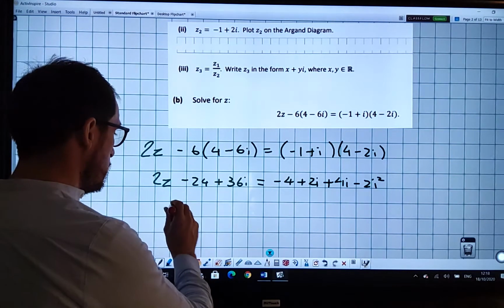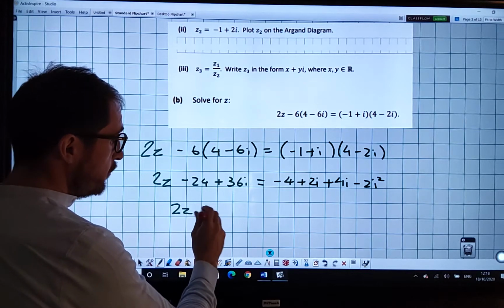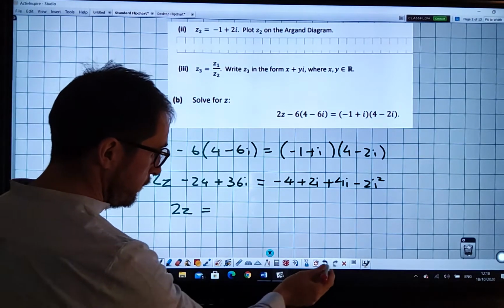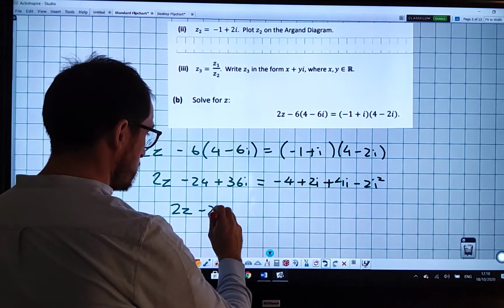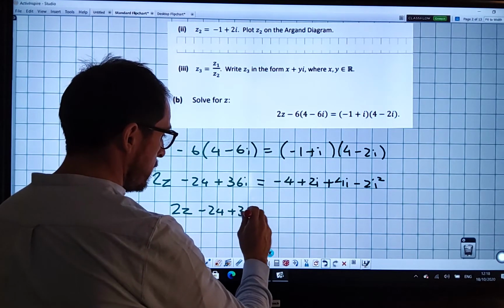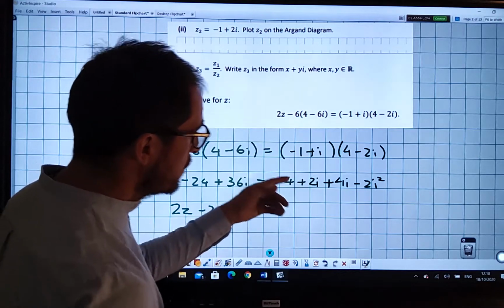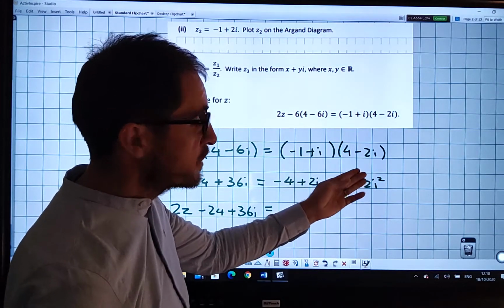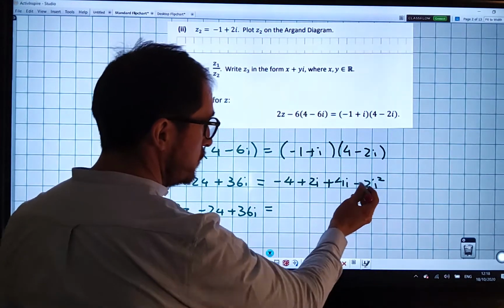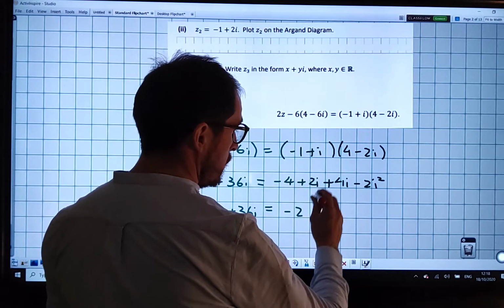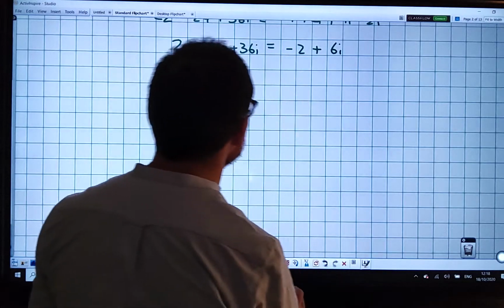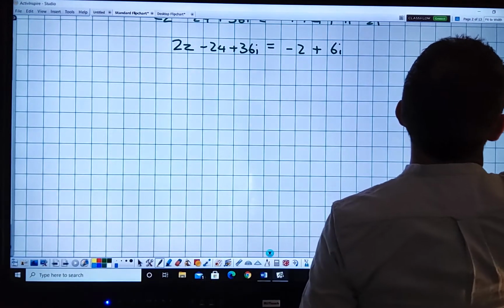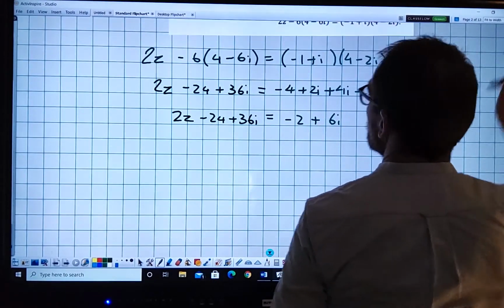And then what you do is you leave the 2z and bring everything else to the other side. This is just algebra. So what we're going to do here is minus 4, that's going to be plus 2, because it's minus 2i squared, so change it to plus 2. So that's minus 2, plus 2i plus 4i is 6i. And finish this off now.